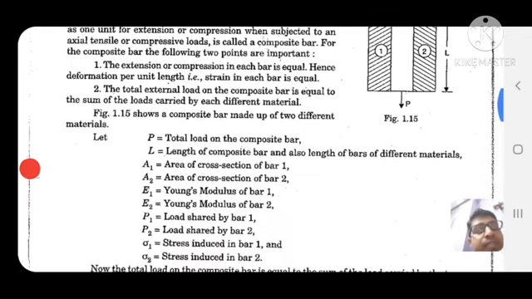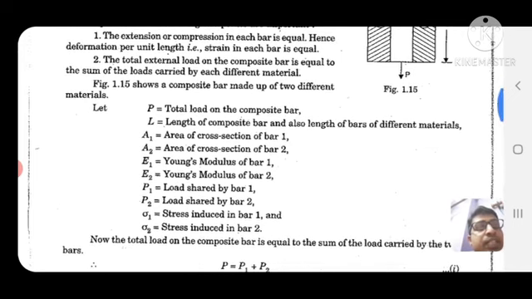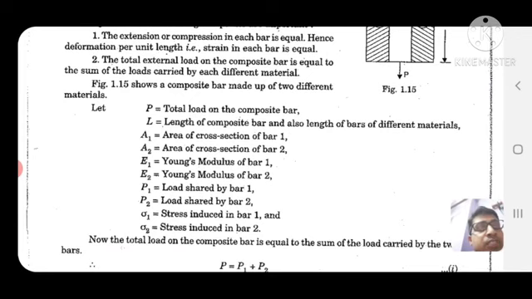So P is the total load, L is equal to the length of the composite bar and also the length of the bars of different material. A1 is the cross sectional area of bar 1, A2 the area of cross section of bar 2, E1 the Young's modulus of bar 1, E2 the Young's modulus of bar 2, P1 is the load shared by bar 1 and P2 is the load shared by bar 2.